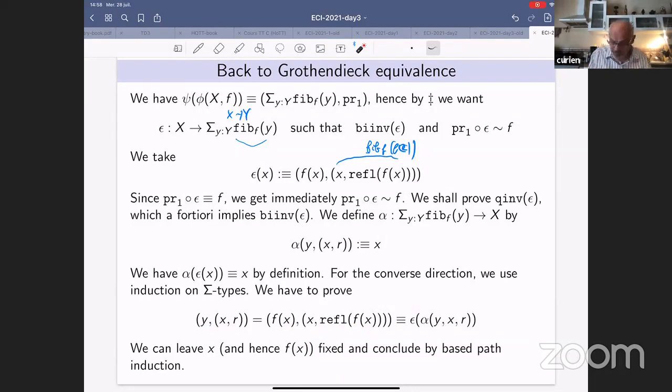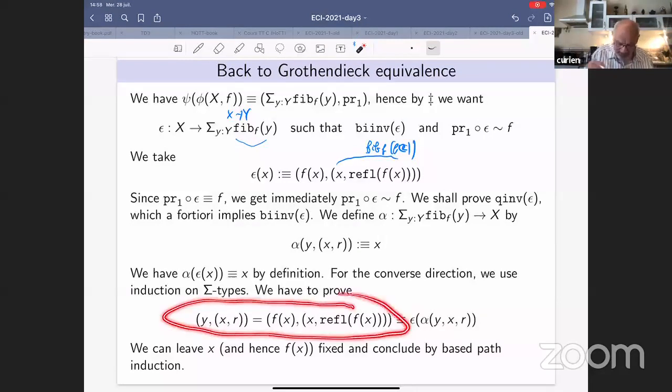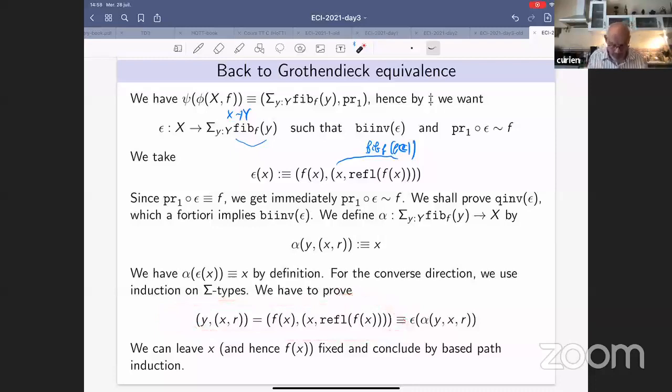Okay, so let us see. So alpha of Y, X, R by definition is X. Epsilon of X is F of X, X, refl X. Okay, so what I have to prove is this thing here. But again here we can do path induction. Why? Because my R here, so I can leave X fixed. X is fixed. F of X is fixed.